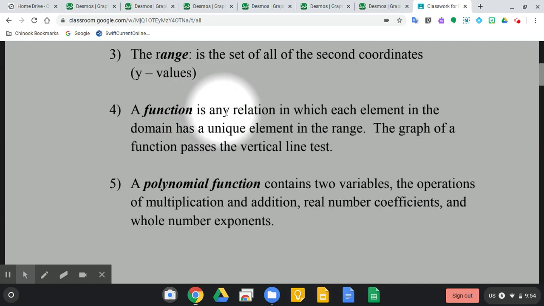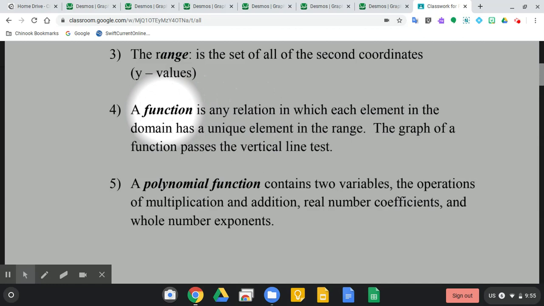A function is any relation in which each element of the domain has a unique element in the range. So that means each x value can go to only one y value in the range. And we say if it does that, it passes the vertical line test.